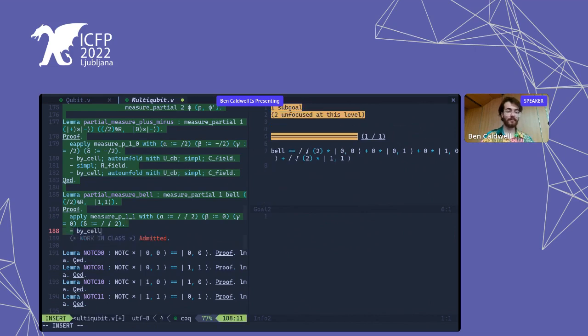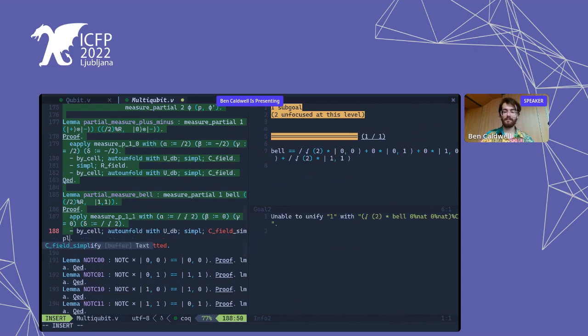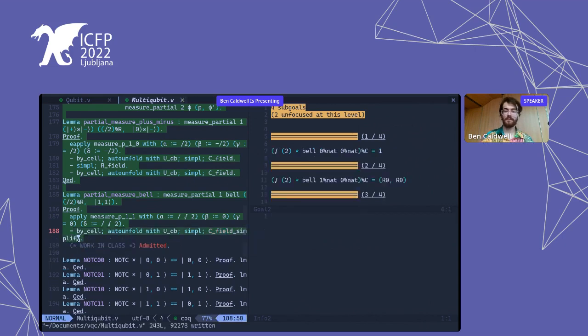And it's going to work out the same way, right? We're going to do our auto unfolds with our UDB simple and C field, and then we're going to cross our fingers. We have to unfold the bell.